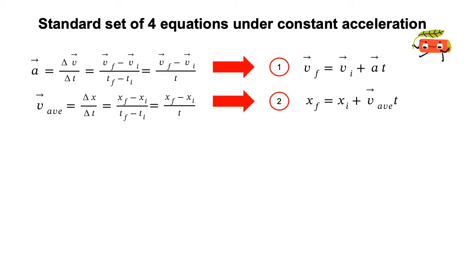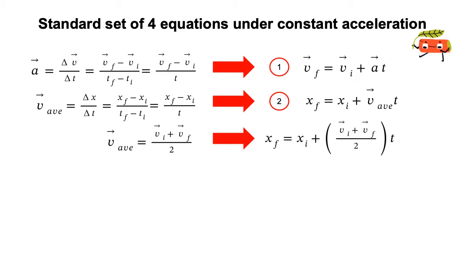Since the average velocity can be expressed as initial velocity plus final velocity over 2, we could replace the average velocity and write the second equation as x final equal to x initial plus v initial plus v final over 2 times t.